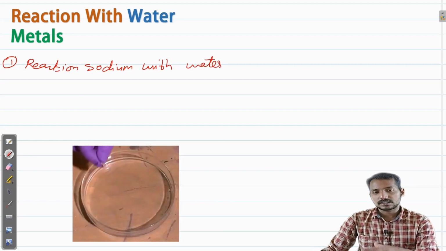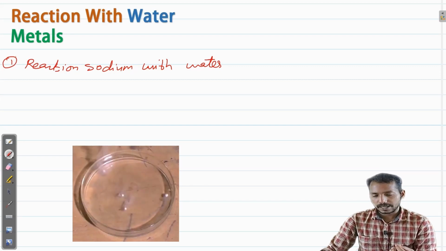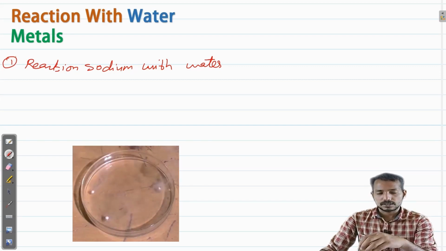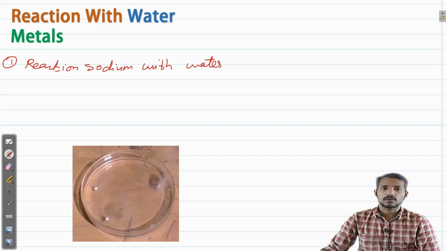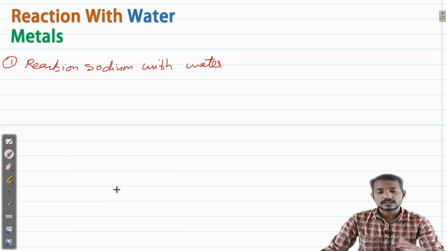You can observe in this video that small pellets of sodium drop in the water. At the same time, it begins to react with the water and forms some fumes. Clear? That means it is highly reactive with water. That means not all metals are highly reactive with water. Some metals like sodium react vigorously with water.